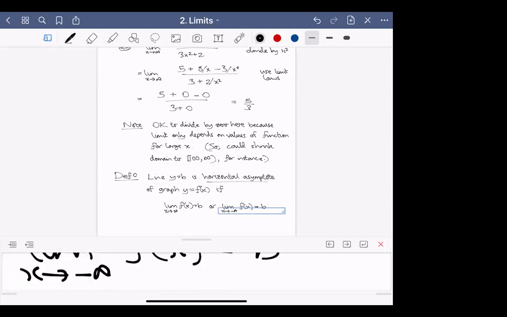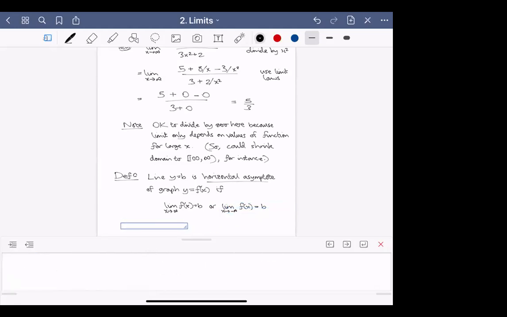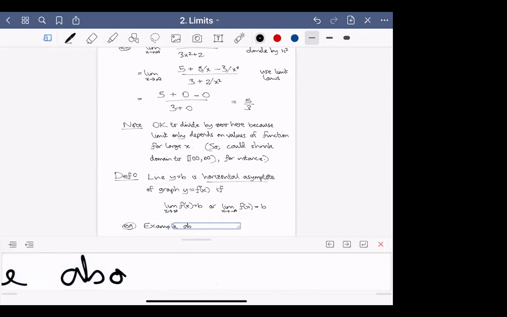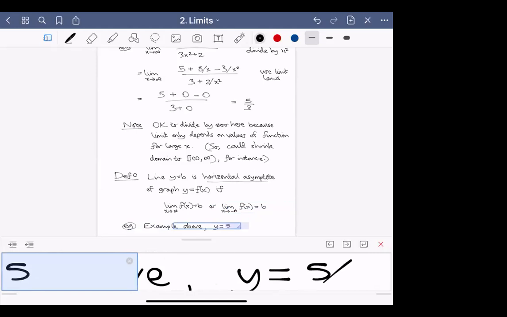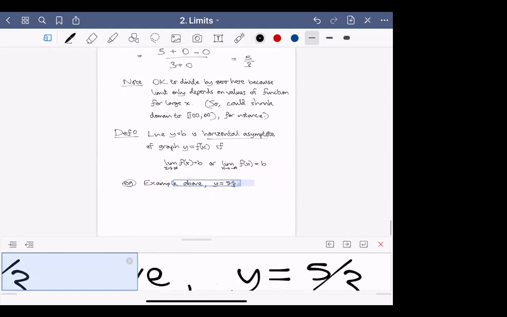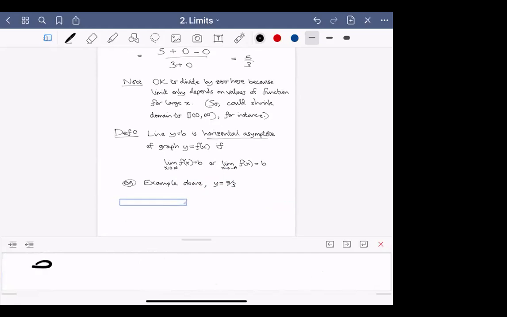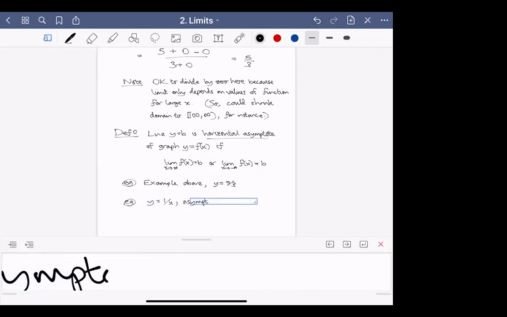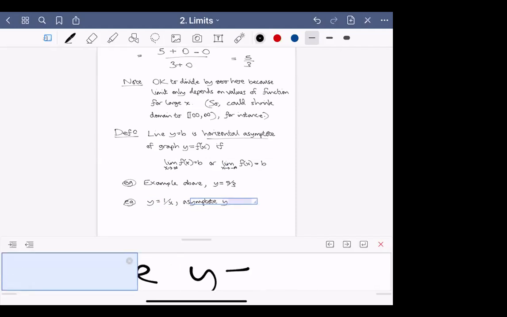So this is true in the example above. And a simpler example, y equals 1 over x has asymptote y equals 0.